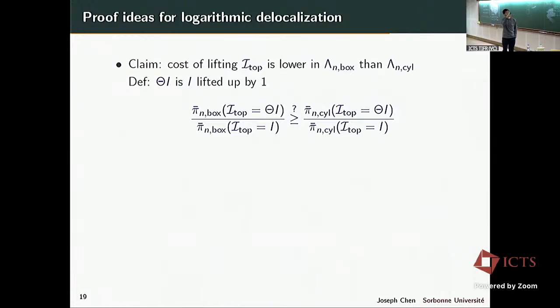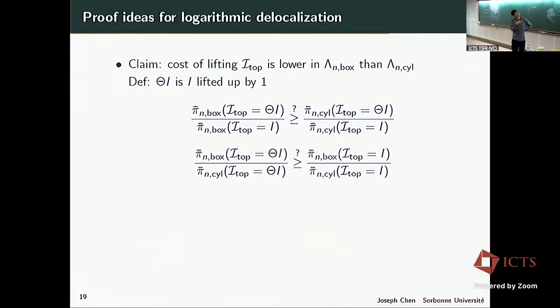So I can fix an interface I and look at theta I, which is just lifting it up by 1. And I want to say that this term on the left is not too small. If this ratio on the left is small, that means that the weight of theta I is really, really small, so it's really costly to get to theta I. The point is that we will switch what we are comparing.